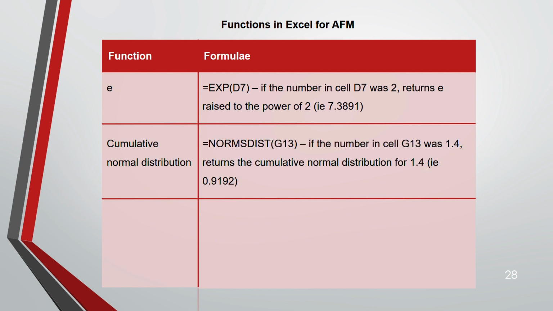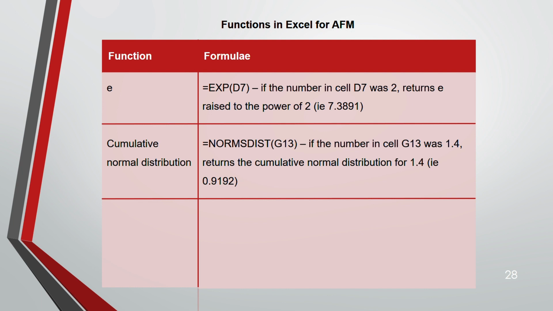Cumulative normal distribution, this also you need. In fact, the function is mostly used for your real option pricing model only. E, cumulative normal distribution, then log, square root, power. So equal to NORM.S.DIST.